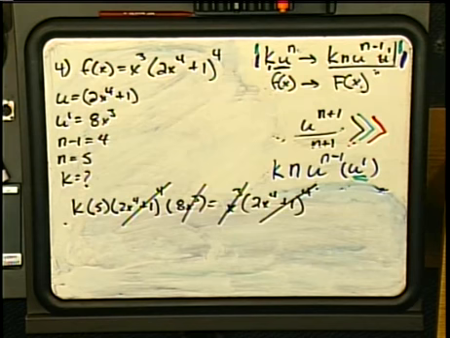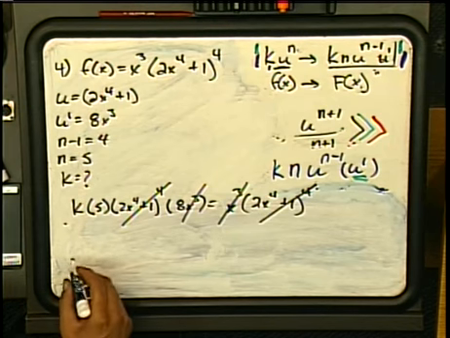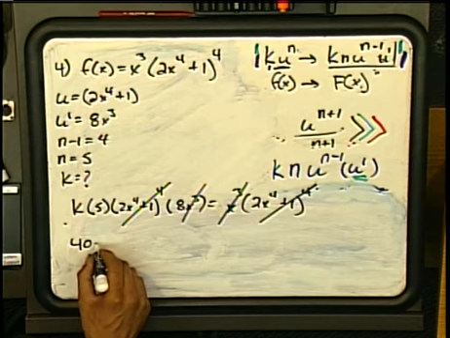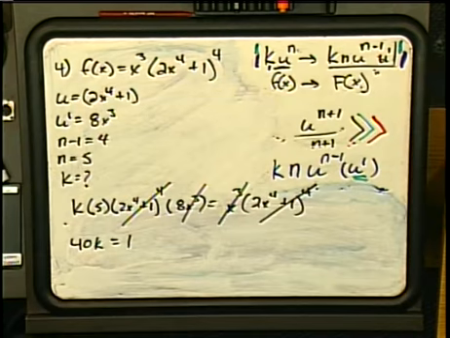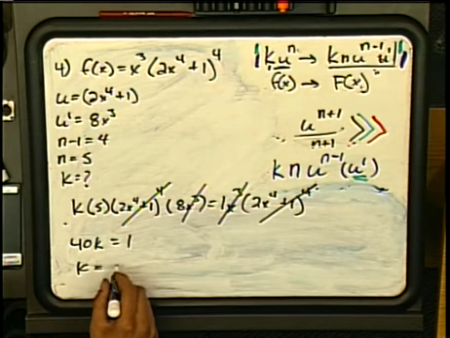So you're left with 40K equals 1. K equals 1 over 40.